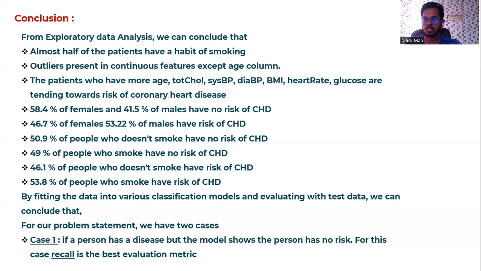And after fitting the data into various classification models and evaluating with the test data, we can conclude that for our problem statement, there are two cases. Case one is if a person has a disease, but the model predicts the person has no risk. If you want to focus more on this case, you should consider the recall evaluation metric.